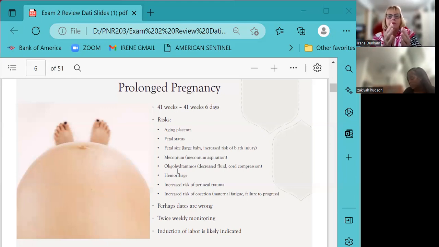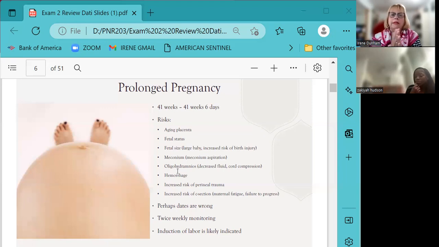Now we know when there's decreased amniotic fluid, it can have a result on what? The cord, the umbilical cord. So then, because we don't have this buoyancy inside the uterus, the cord is what? Compressed. When the cord gets compressed, the heart rate of the baby goes down. And those are what are called variables. Remember variables? Well, it goes down and comes back up.